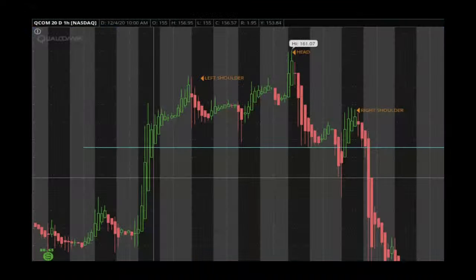This is QCOM. All these charts are from today. This is a QCOM 20-day 1-hour chart. This blue line at support will be the neckline. The left shoulder will be this one here, this high. The head will be the highest high, and the right shoulder will be the lowest high.